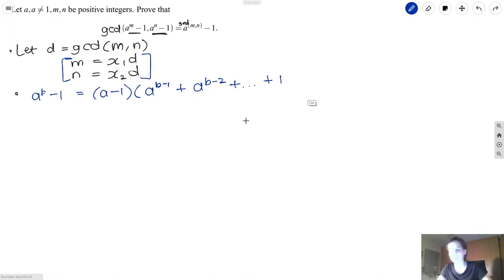Let's write that out more fully. So a to the power of 2 minus 1 is a minus 1 times a plus 1.